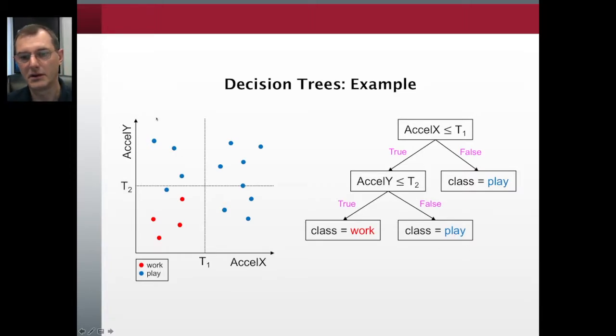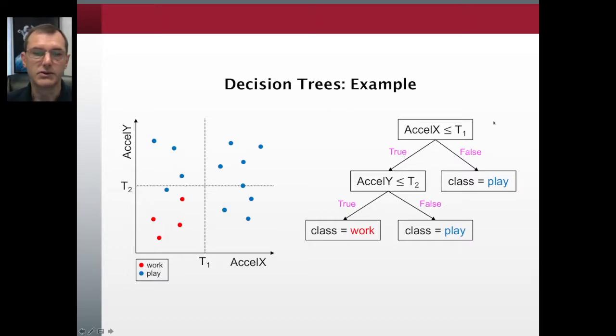The 3 that are larger than t2 in this upper left quadrant are all play, so pretty obviously we should predict play for those. But for the examples that go into this lower left quadrant, we don't have all work. We have 4 work and 1 play, but we're still going to say that's good enough, and anything that goes into that quadrant is going to be classified as work.